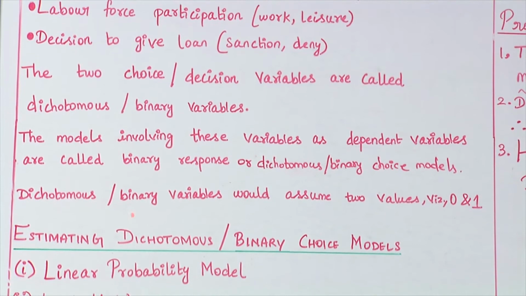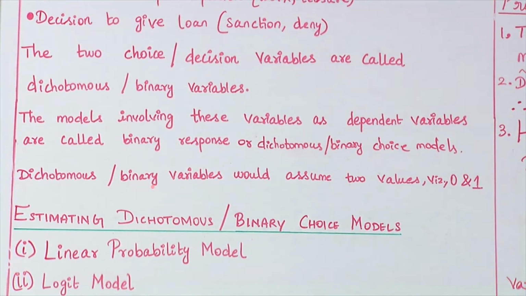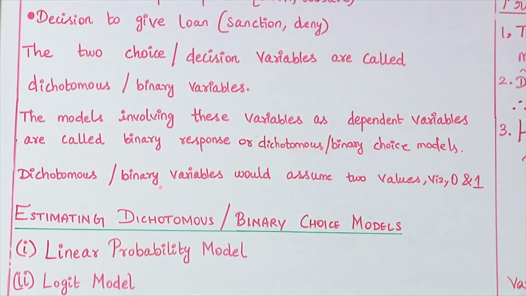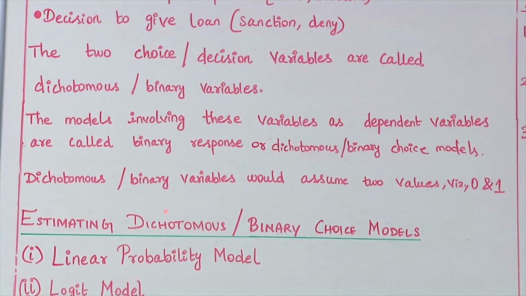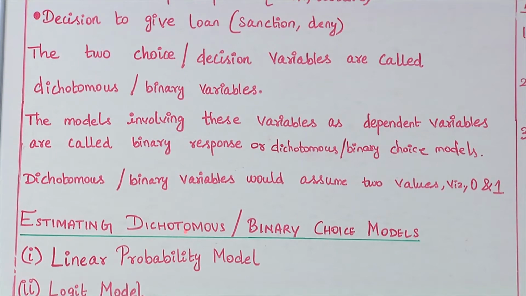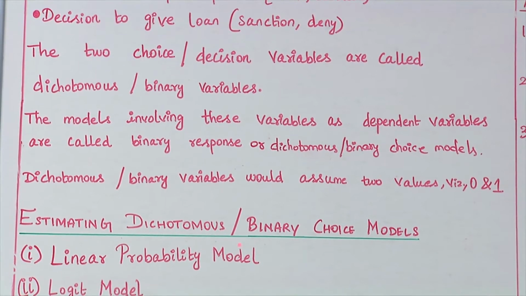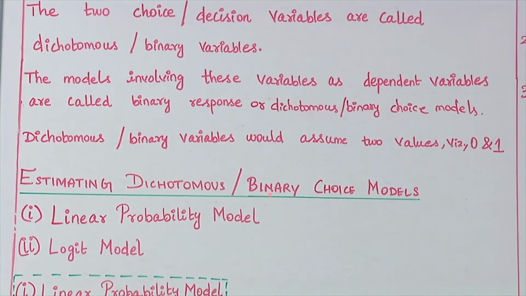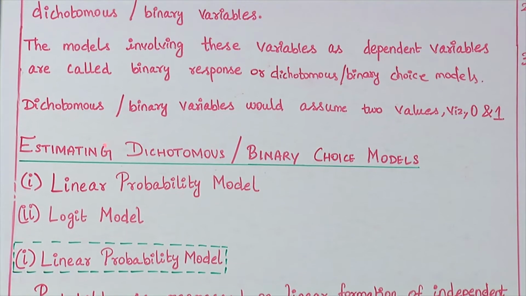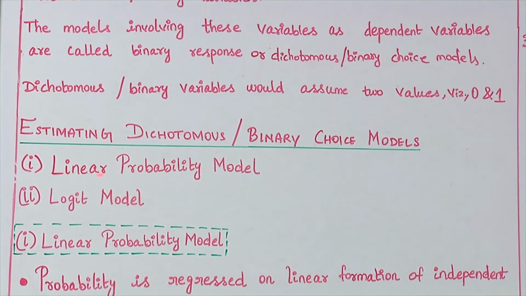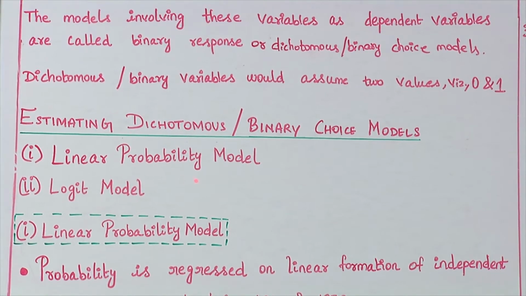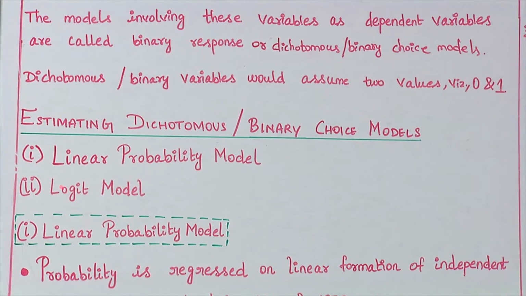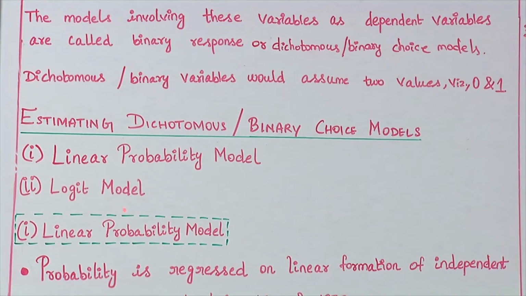Dichotomous or binary variables assume two values, namely 0 and 1. There are two approaches to the estimation of binary choice or binary response models. One approach is the linear probability model, shortly called LPM. The other approach is the LOGIT model.